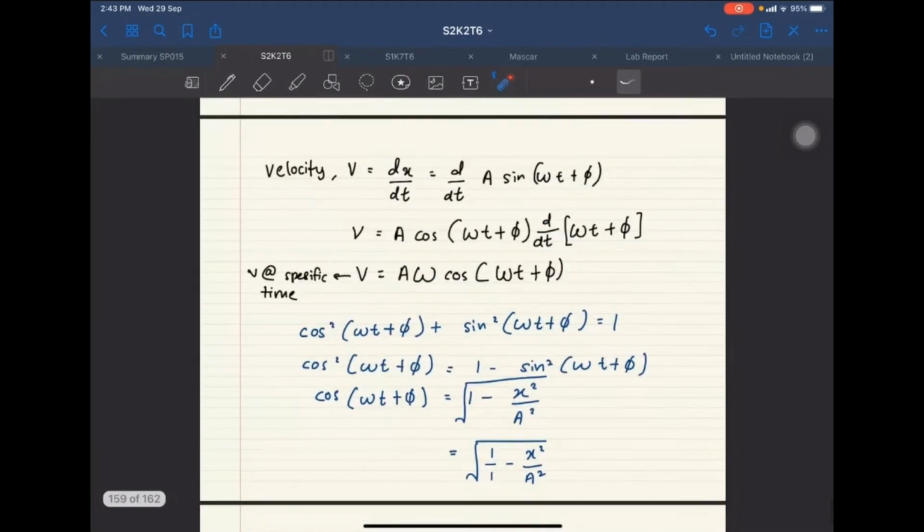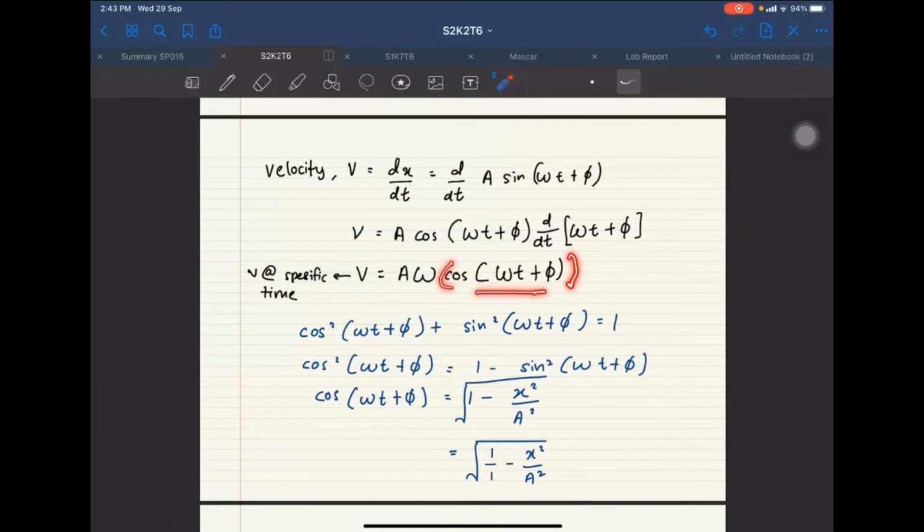So dekat sini pula V ni akan maksimum kalau cos V ni equals to berapa? Sama macam tadi. Macam mana sir? V ni maximum value dia masa bila? The term over here becomes zero. 0 ke 1?